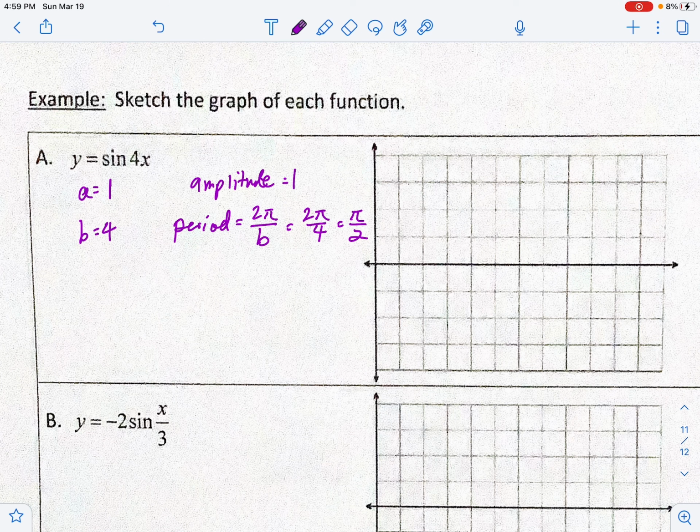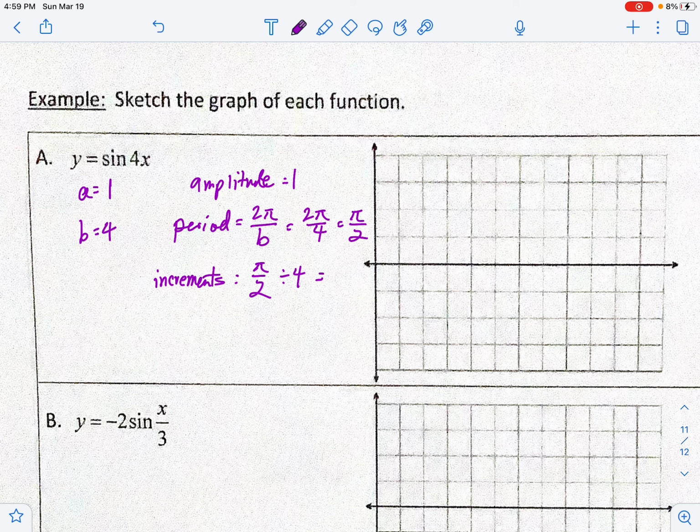We want to also find the increments that we want to label our graph so that we can make sure we have it properly labeled out. So the increments here are going to be your period divided by 4. So I'll have pi over 2, and I'll divide by 4.